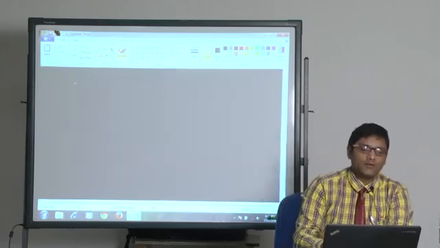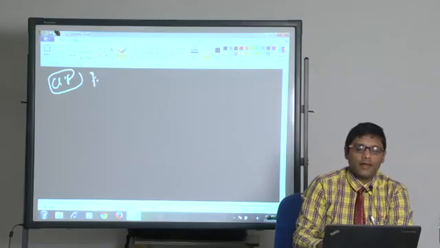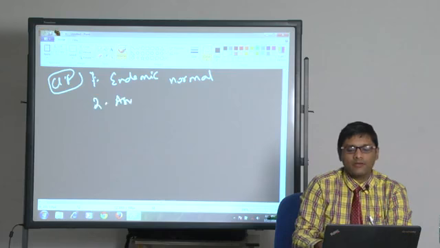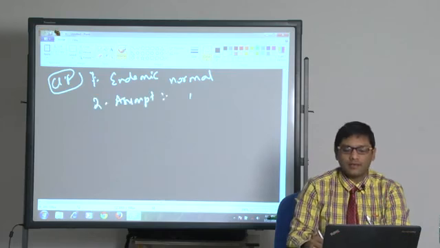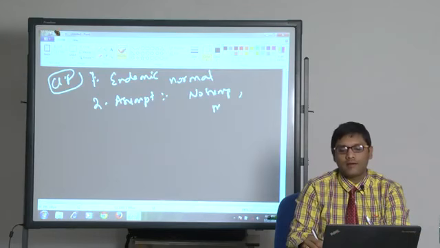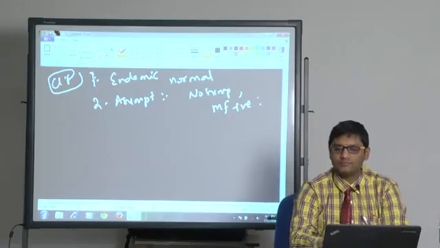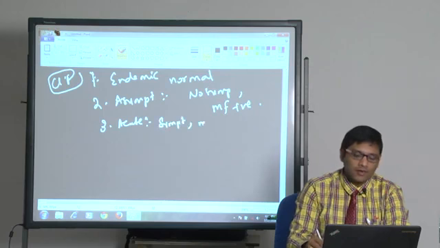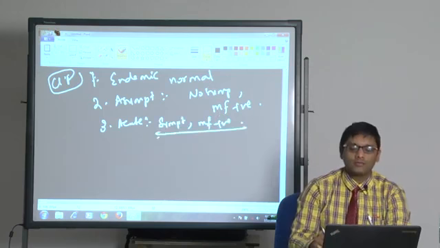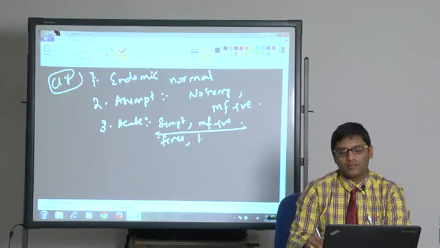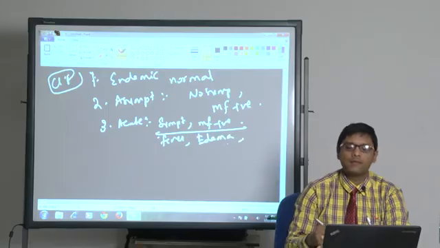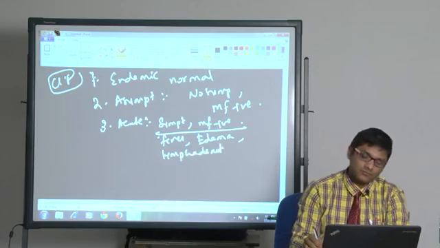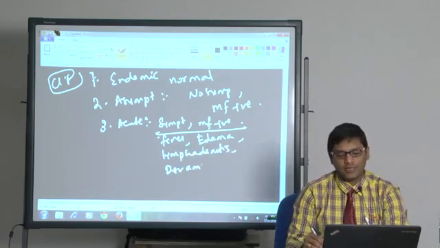And the disease can be classified into 4 stages: endemic normal, these are the normal individuals in an endemic area; asymptomatic filariasis, there are no symptoms but microfilaria will be positive in blood; then acute filariasis, they are symptomatic patients plus microfilaria will be positive, symptoms like fever, as I told you, edema, lymphedema, then lymphangitis, lymphadenitis, dermatolymphangitis, skin infection will be there.